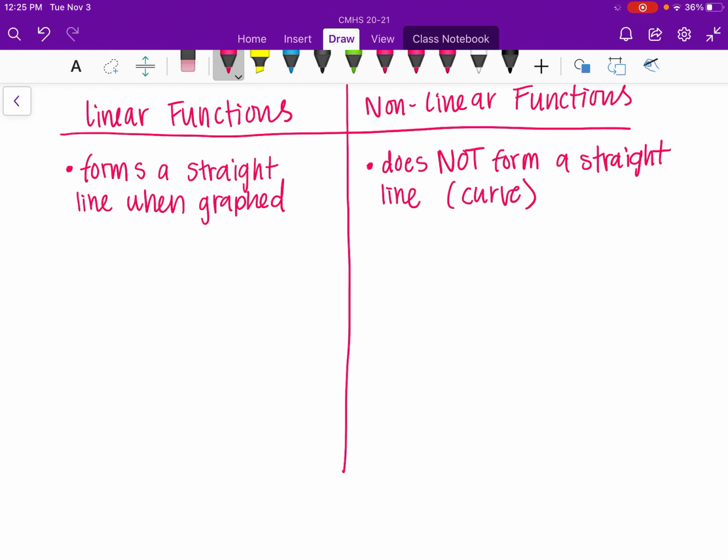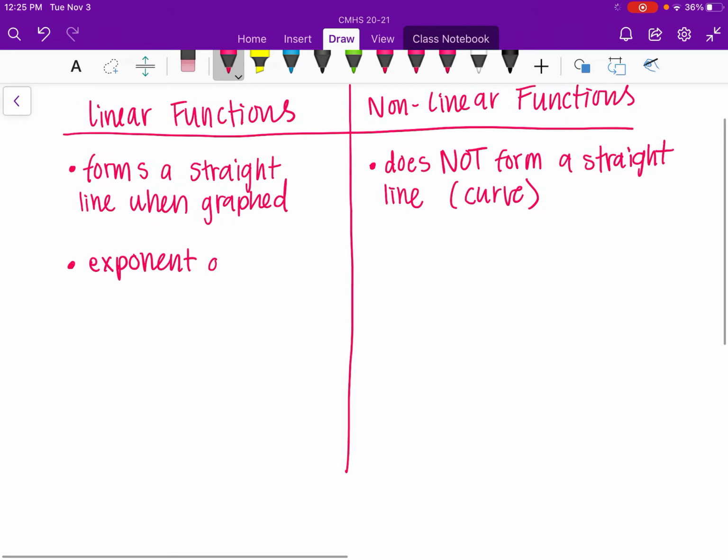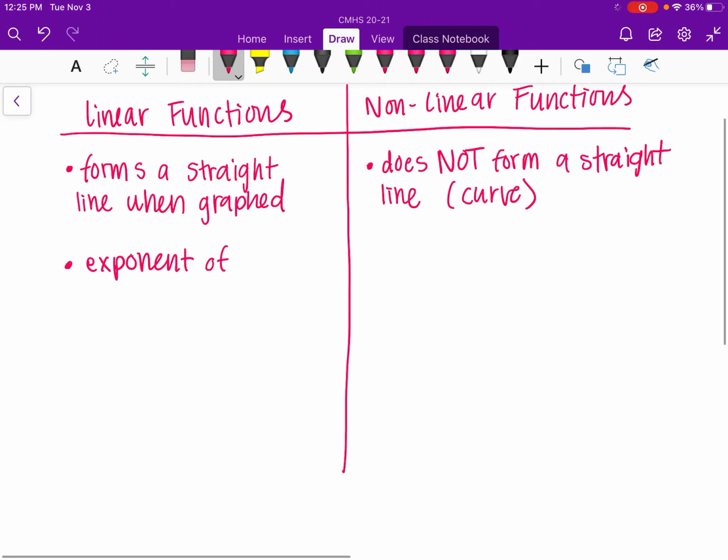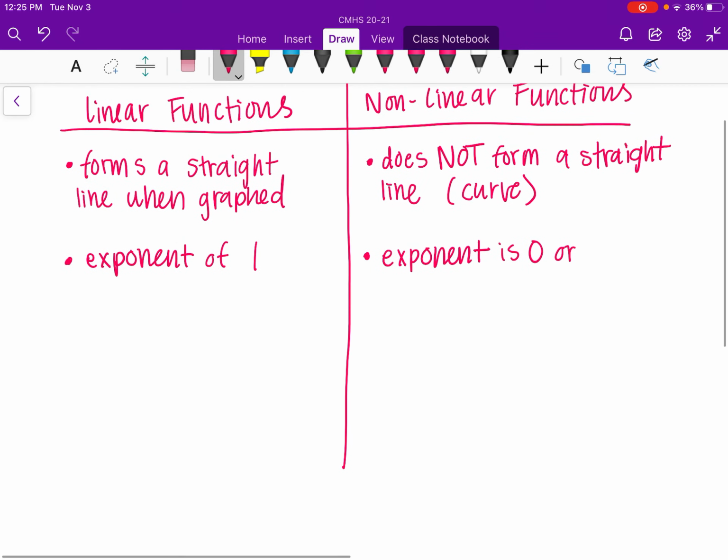The next point that we want to have is the exponent. The exponent of a linear function is going to be 1, or the invisible one. I'll explain that in a minute. And over here, the exponent is not 1. So it's either 0 or it's going to be higher than 1.